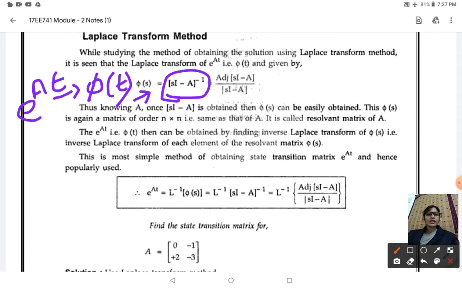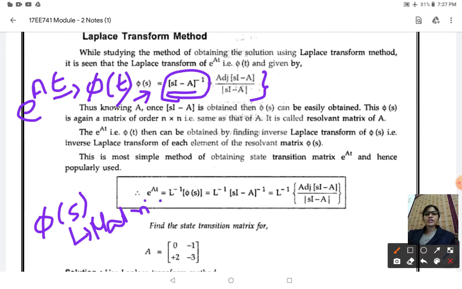This is nothing but the adjoint of sI minus A divided by the determinant value of sI minus A. Phi of s can be easily obtained if you identify the value of sI minus A, and the order of the output matrix phi of s is again going to be the matrix order of A.